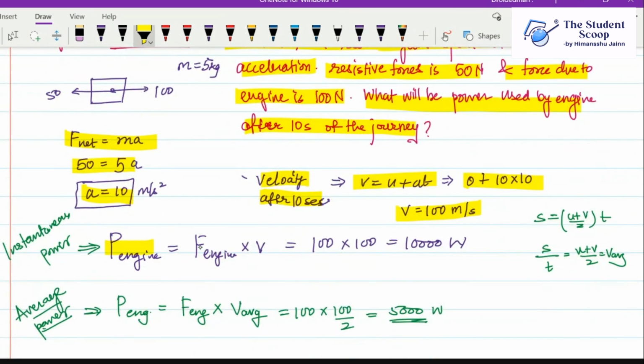Instantaneous power is the force times the velocity. Okay, the force was 100 newtons, the velocity was 100, and we got 10,000 watts. But for average power, we have to take force times average velocity.